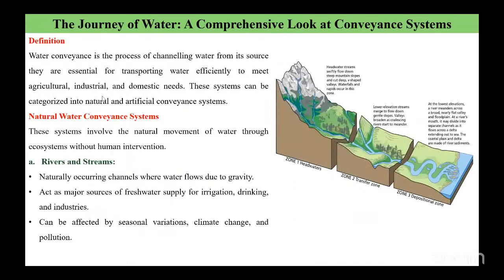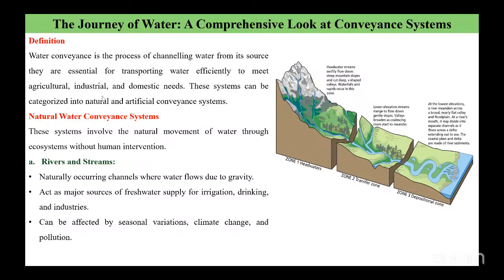So, coming to the journey of water. Once the water is available through the different sources, let's have a comprehensive look at the conveyance systems. The conveyance system is nothing but the distribution of water, from the source of water to the consumer needs.